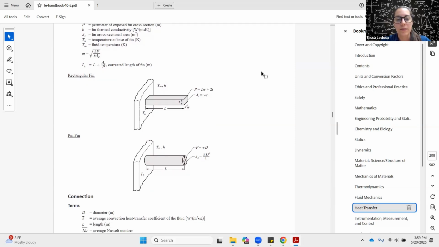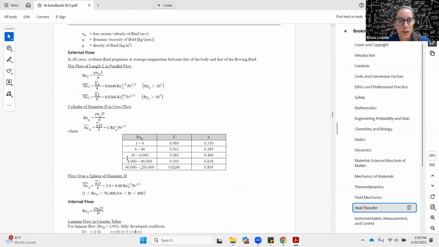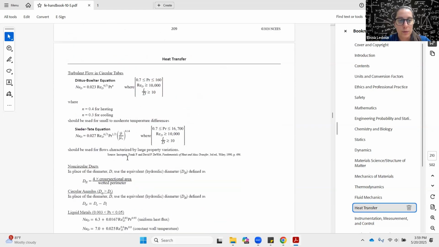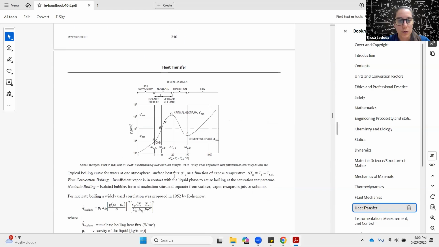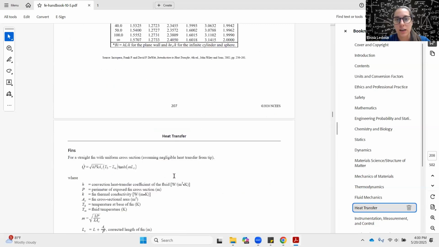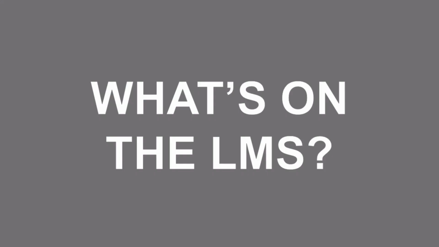The faster the wind is blowing, the faster the heat is being removed from the fin. So that is pretty much where it stops. There's more stuff down here, but you don't really need to know all of that for the heat transfer section on the other disciplines exam. If you are taking the mechanical exam or the chemical engineering exam, you would need to know more than that.